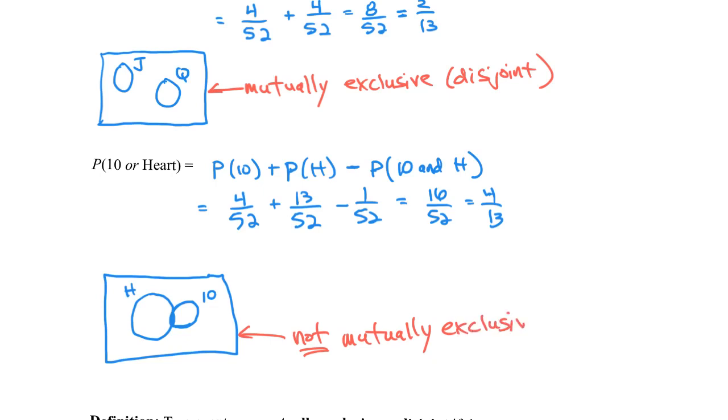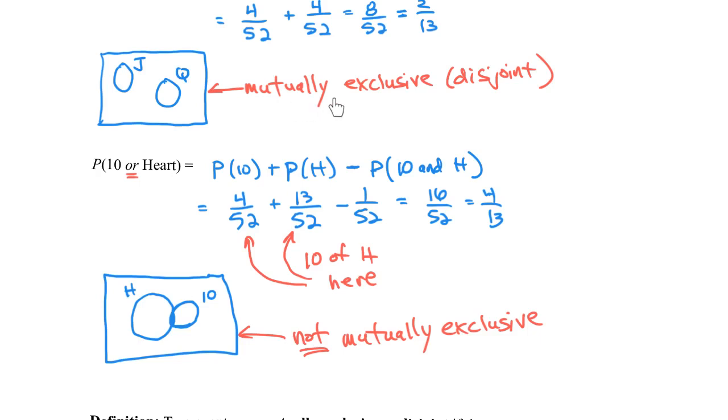The reason it's not mutually exclusive is there is a 10 of hearts here and also here, right? So that 10 of hearts we counted twice. So if we're going to figure out the OR, the probability of something or something else, we need to know if these things are mutually exclusive or not.